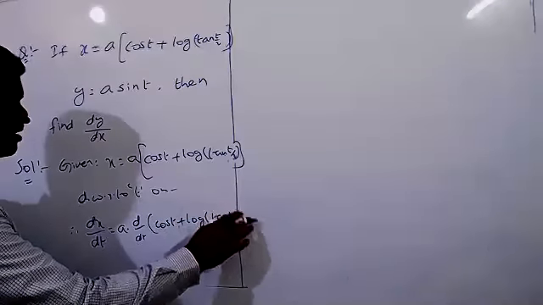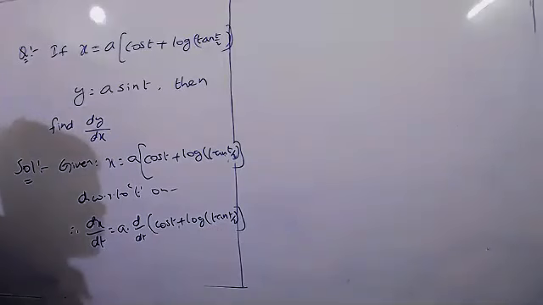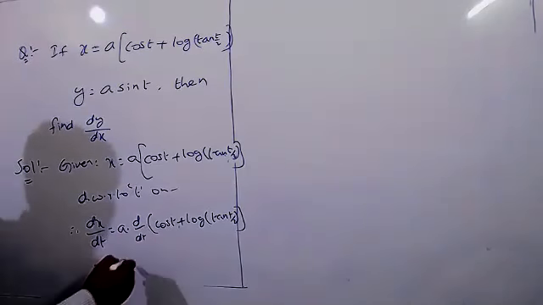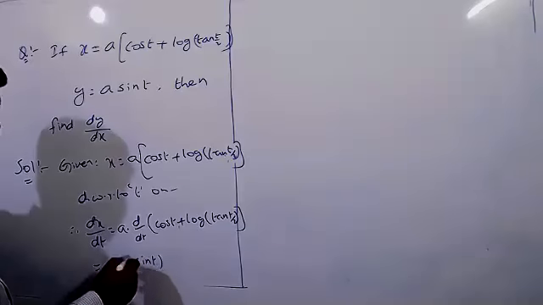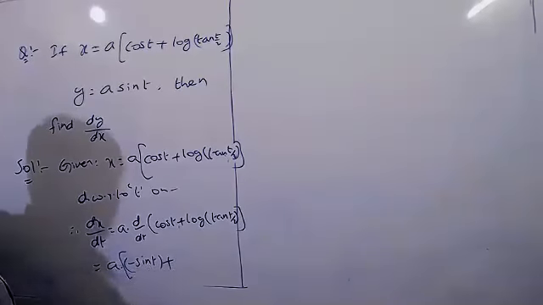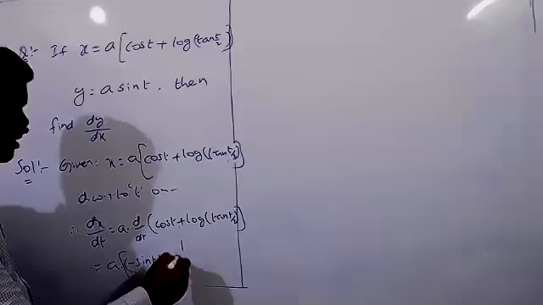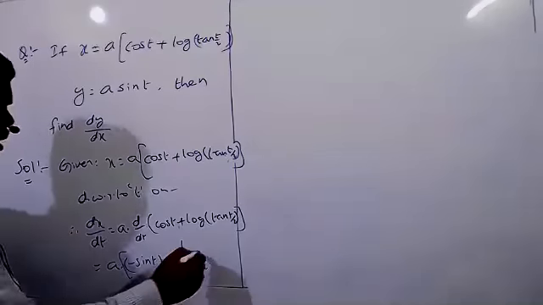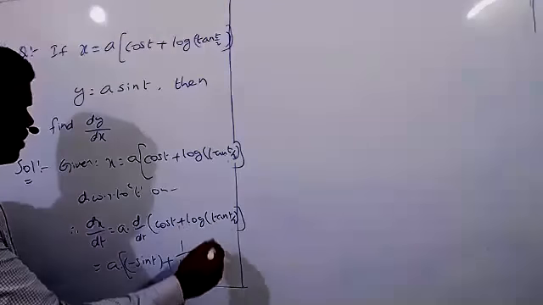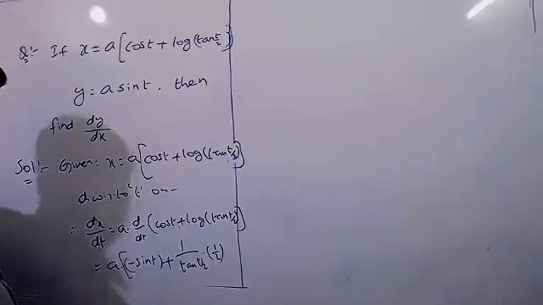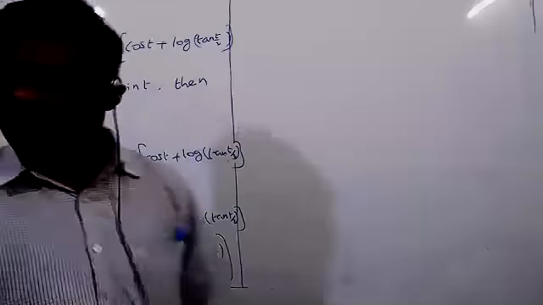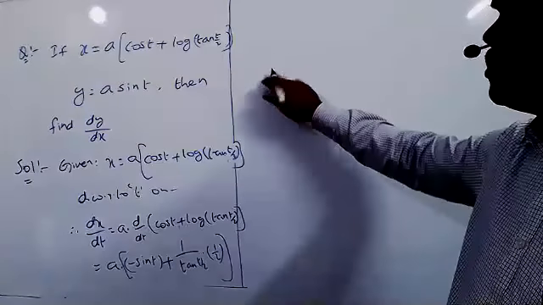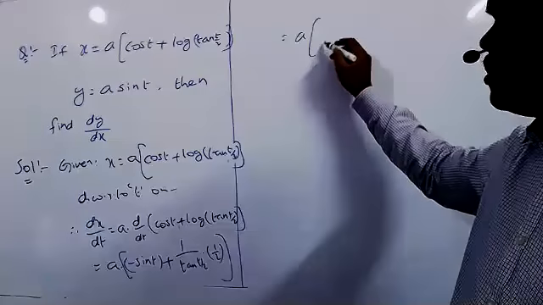That equals a into differentiation of cos t, which is minus sin t, plus differentiation of log x, which we know is 1 by x, that means 1 by tan t by 2 into again differentiation of t by 2, which gives 1 by 2. Clear that?